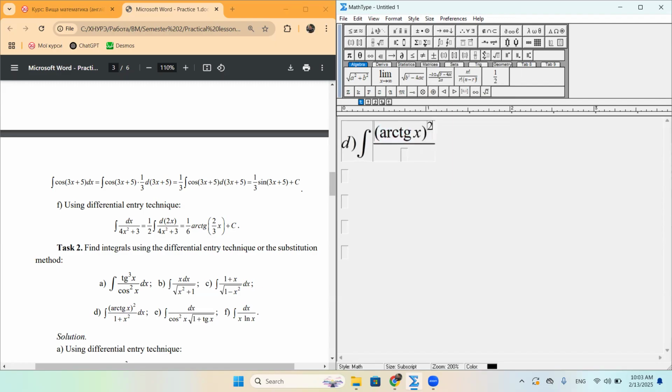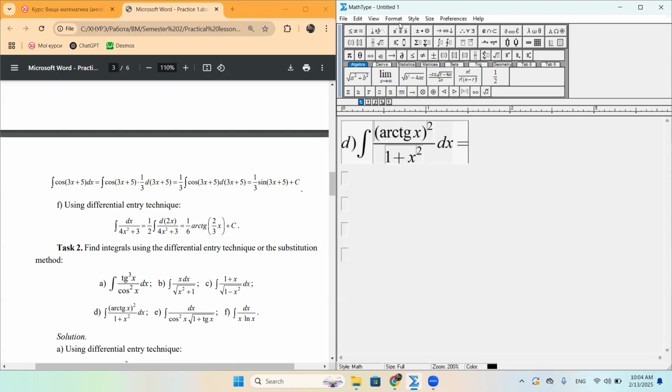So, power of 2, 1 plus x squared and dx. What can be moved under the differential? Your suggestions. I guess you're starting to see it.